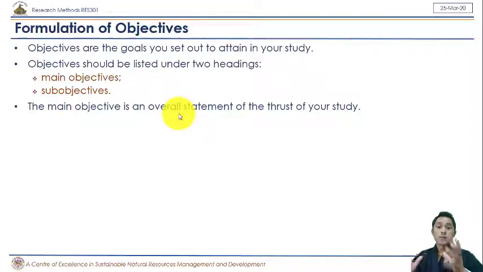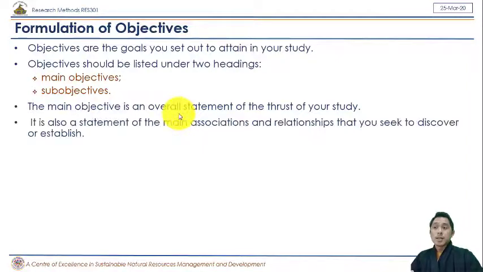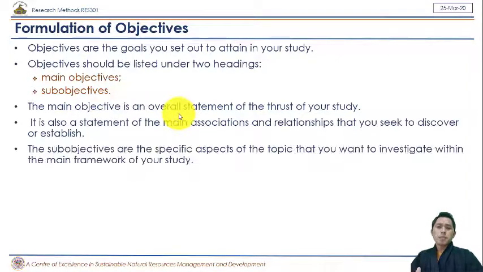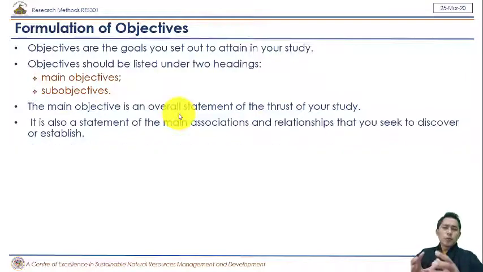This is my overall objective and the overall thrust of the study. Towards the end of the study, I really want to get the diversity and distribution pattern of the lichens in this district. And if you can mention the main association or main relationship that you want to draw from the study, then you can also mention it in the overall or main objective.